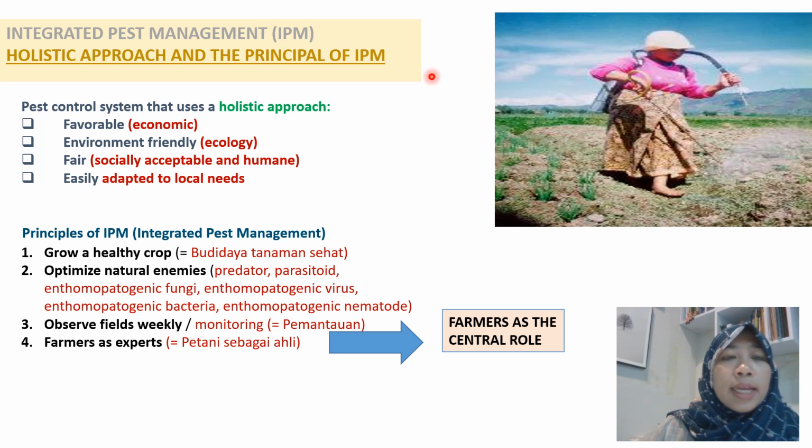Do not let we use integrated pest management, but the cost is too high. Yeah, no, it's not our aim, our aim is to minimize the cost of input. So the pest control system should be favorable, economically sound, and environmentally friendly.